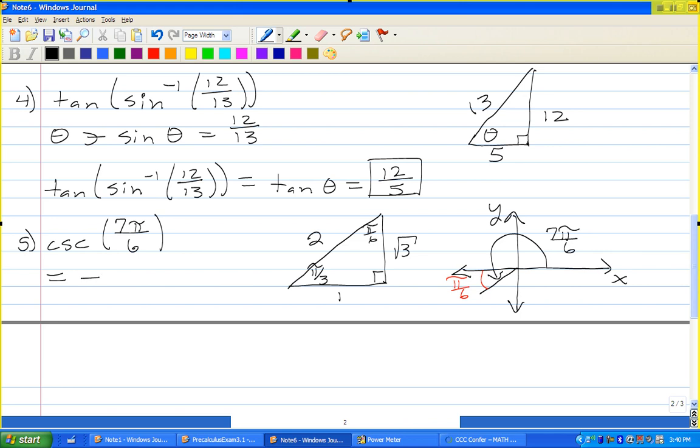Cosecant will be negative in the third quadrant. Cosecant is just hypotenuse over opposite. So your answer is negative 2.